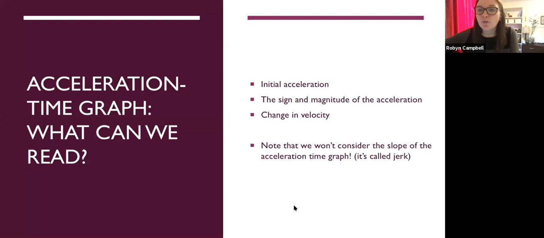You could find the slope of the acceleration time graph, and in all the acceleration time graphs that I will give you, the slope will be 0, right? Changing acceleration does make things a little bit more complicated. The slope of the acceleration time graph is interesting, and it is something in physics. It's actually called jerk. So the rate of change of acceleration is jerk.